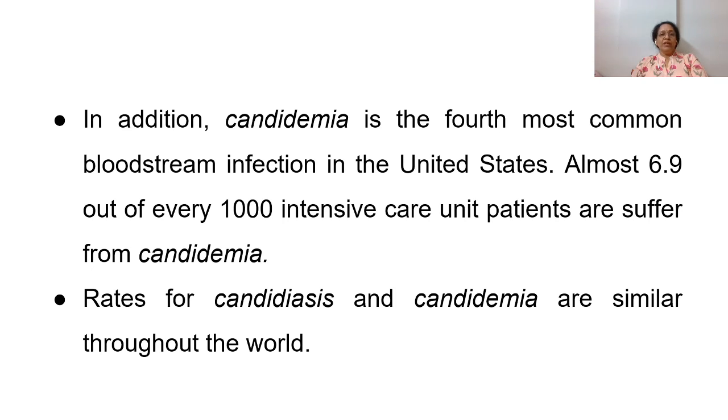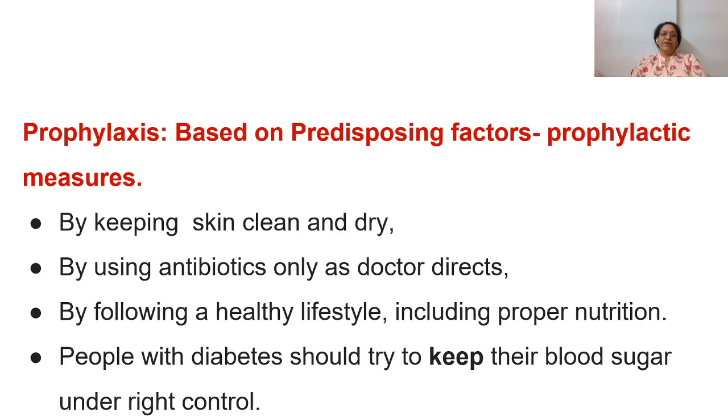There is no age barrier, mainly infants, pregnant women and the elderly suffering from other diseases. A weakening of the immune system is one of the predisposing conditions for candidal infection. So this is all about epidemiology.